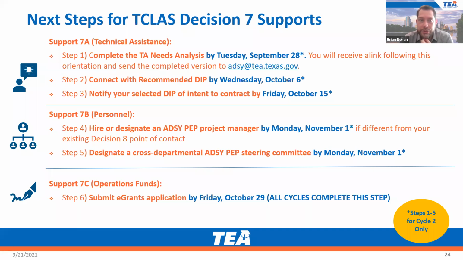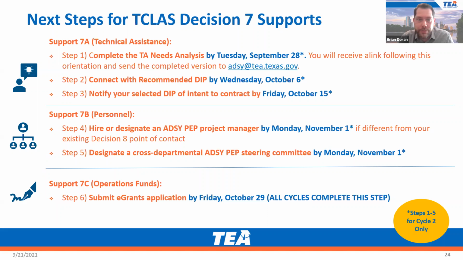Step 2 is then to connect with your recommended design and implementation partner by Wednesday, October 6th. That's just to have that initial connection, make sure that you are talking and having those discussions around fit and what you are looking to complete over the course of this year. And then step 3 is notify your selected design and implementation partner of your intent to contract by Friday, October 15th.